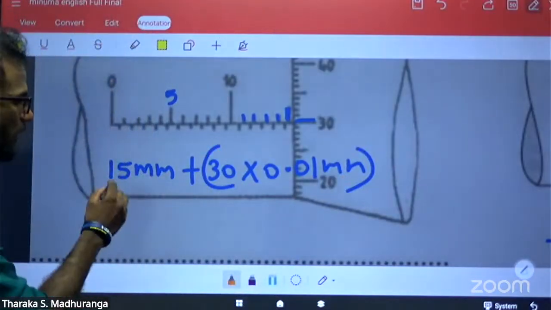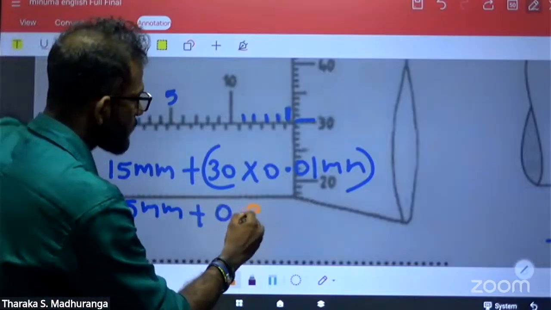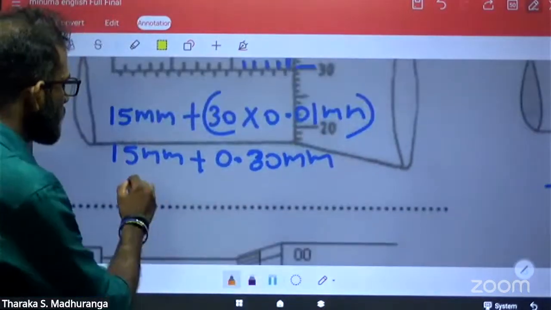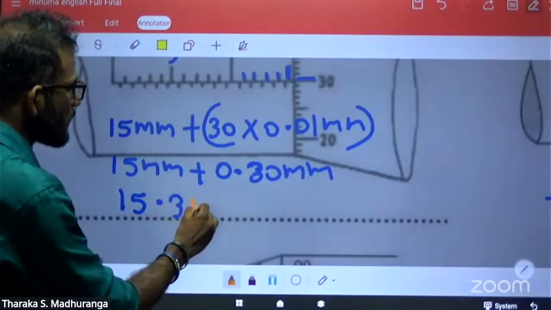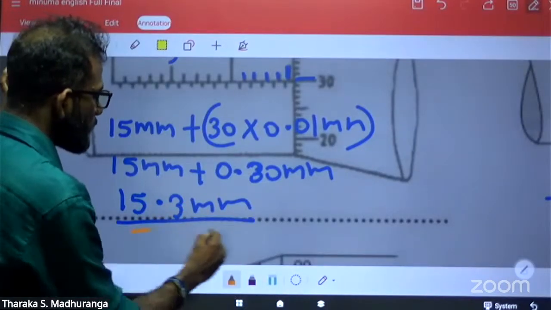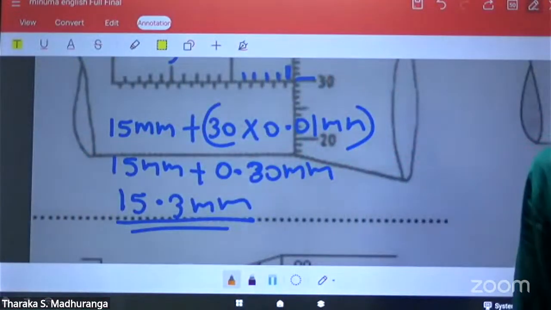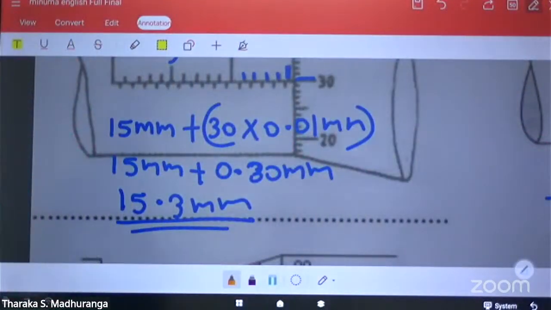Then you can see 15 millimeter plus 0.30 millimeter. Then finally you get the answer: 15.3 millimeter. Got it? Good.